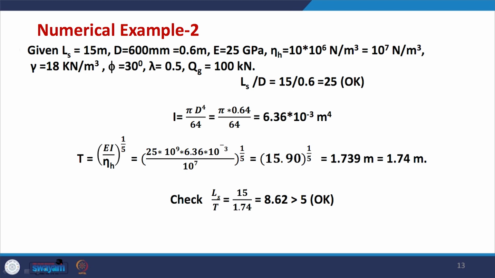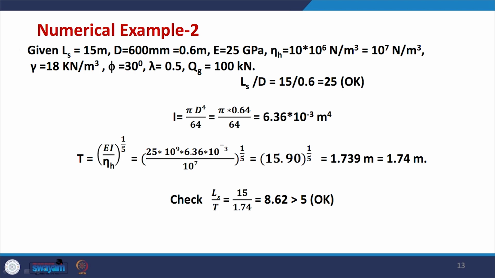So, I is calculated here, then T relative stiffness factor is (EI over eta H) to the power 1 by 5, you put all the numbers here, because E is given, I has been calculated, eta H is given. So, ultimately you get this value of relative stiffness factor 1.739 meter or roughly 1.74 meter.